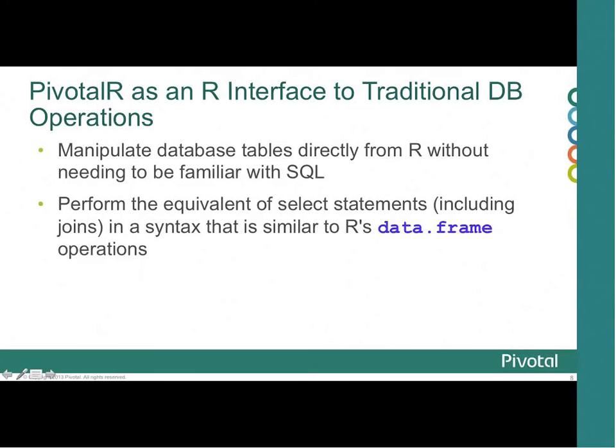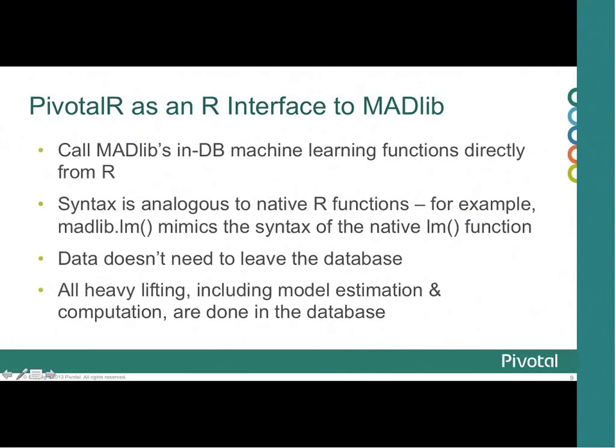Now, we've just talked about traditional database operations, but what's really exciting is that PivotalR provides an R interface to MADlib. And this is really the main reason why we even started devoting time and resources to a project like PivotalR.